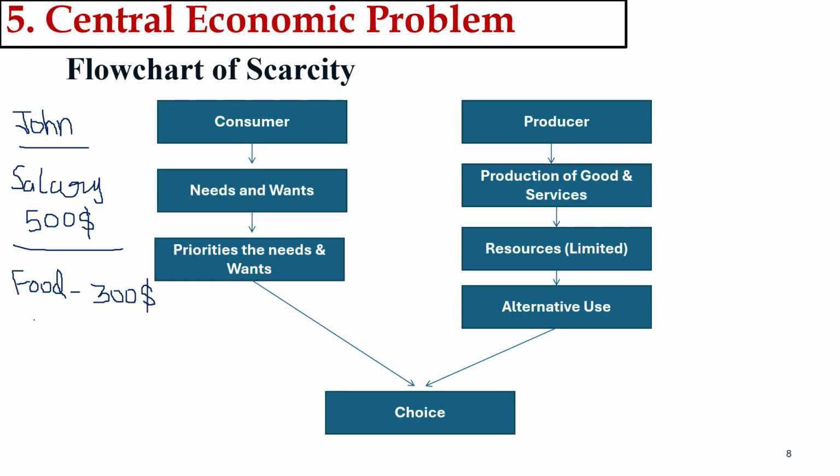Then Mr. John wants to pay the school fees. So the fee for the children's are $200. Then John wants to buy a mobile.